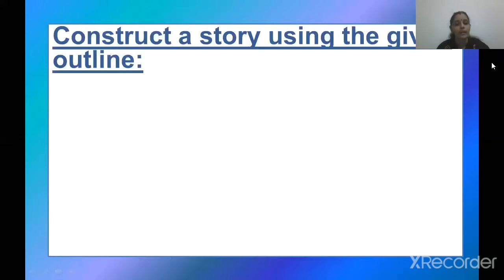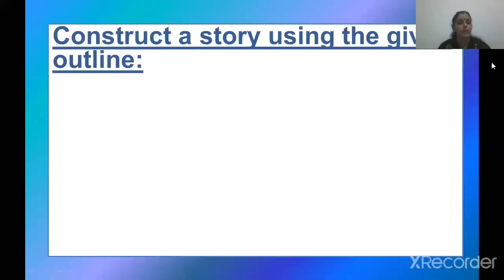Now on the first line, you're going to write this question: Construct a story using the given outline. Right, children? Are you all ready? Have you all written this? On the left side page, you're going to write the date on top. Today's date is 16-10-2020.